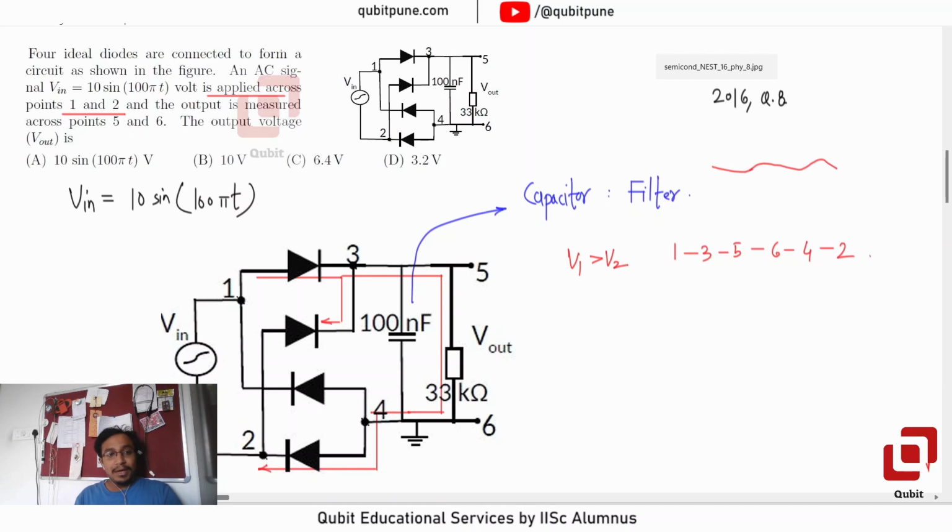Now let us come to the other one, V1 less than V2, or V2 greater than V1. If V2 is greater than V1, then how will be the path? This path.